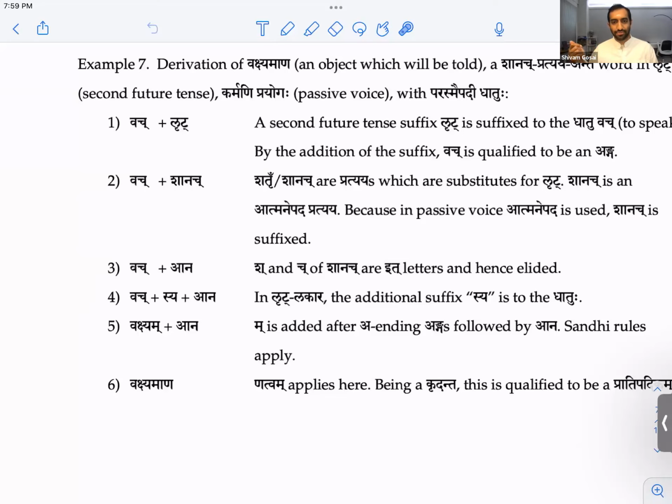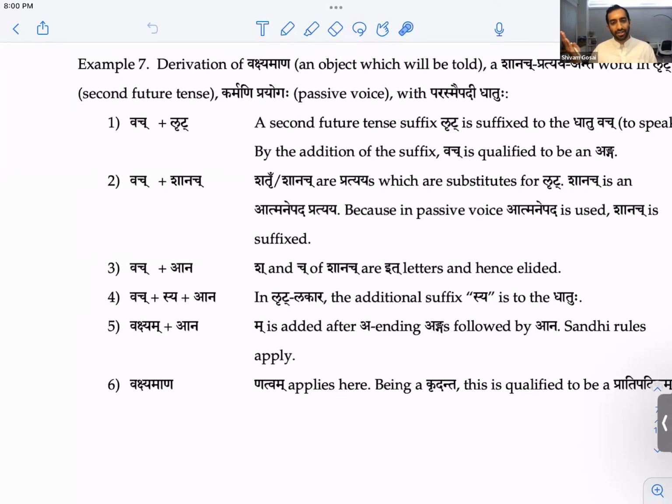Vach. So Vakshamana will be an object, because we're in Karmani Prayoga, an object which will be told, future tense. If it was Vakshat, it'll be a subject which will be told.